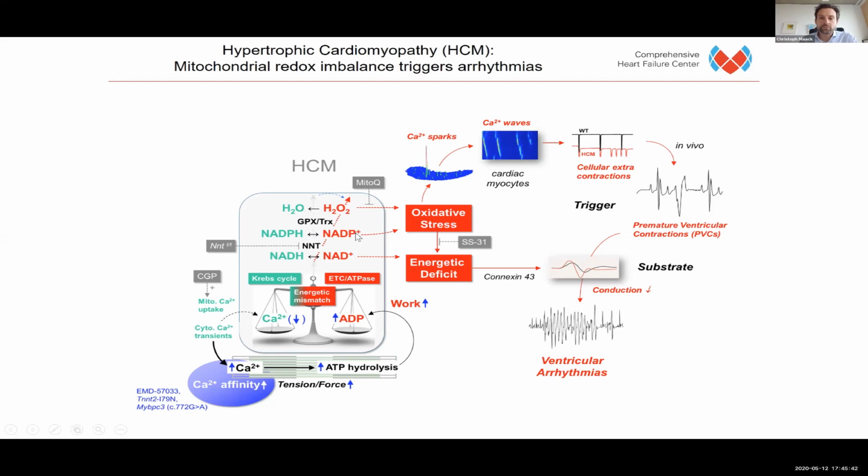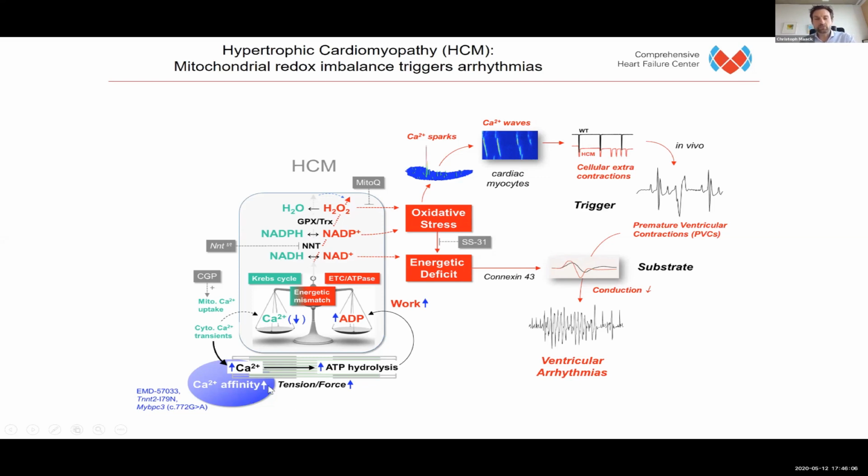Therefore, points of intervention here would be to prevent oxidative stress with MitoQ, or prevent the negative effect of oxidative stress on energy production. You could also consider interfering more upstream by influencing mitochondrial calcium uptake, which I do not have here.